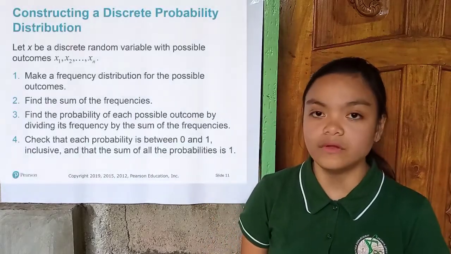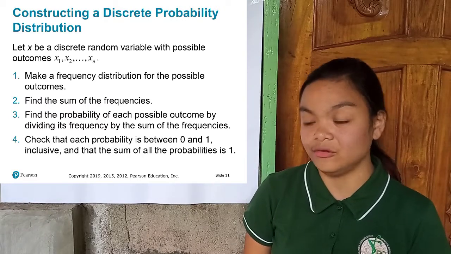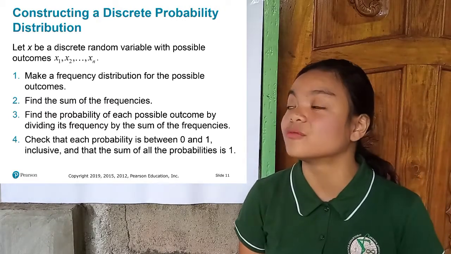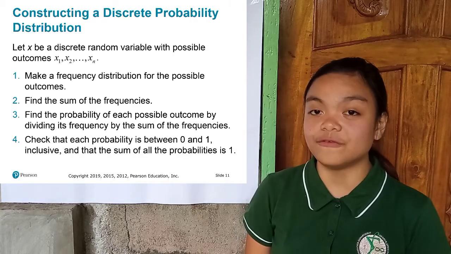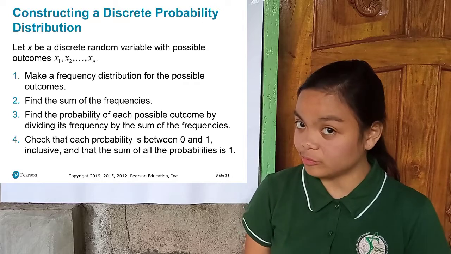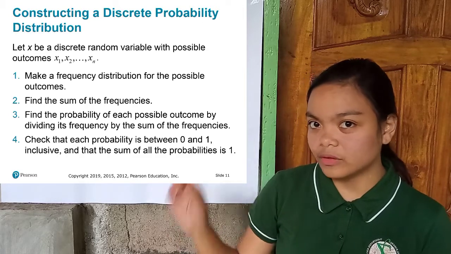So, how does one construct a discrete probability distribution? There are 4 simple steps. So let X be a discrete random variable with the possible values x sub 1, x sub 2, x sub 3, and so on. The first step is that you should make a frequency distribution of all the possible outcomes. Second, sum it all up.